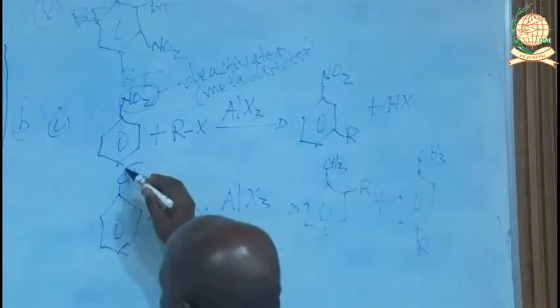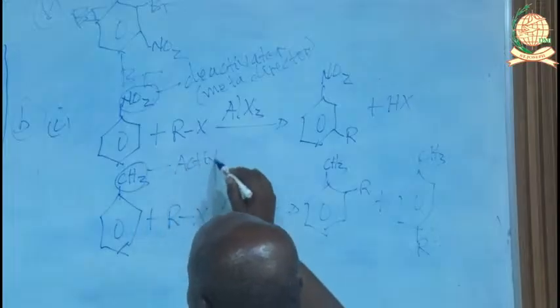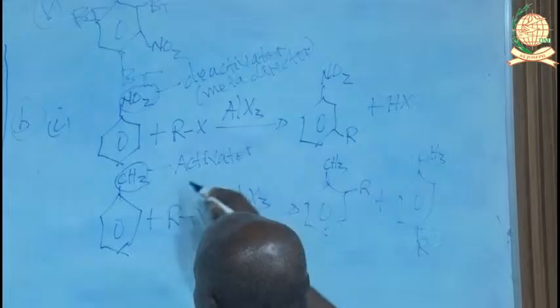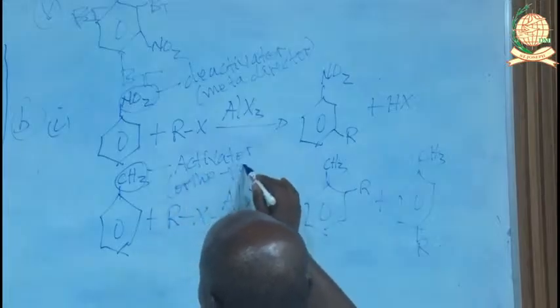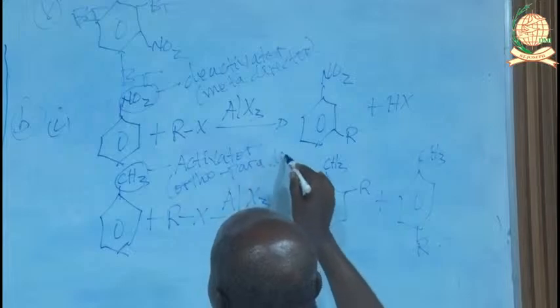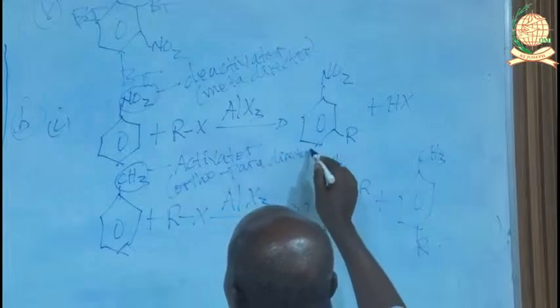But methyl group is an activator, so it is an ortho para director. So it will form two products, that is ortho product and then para product.